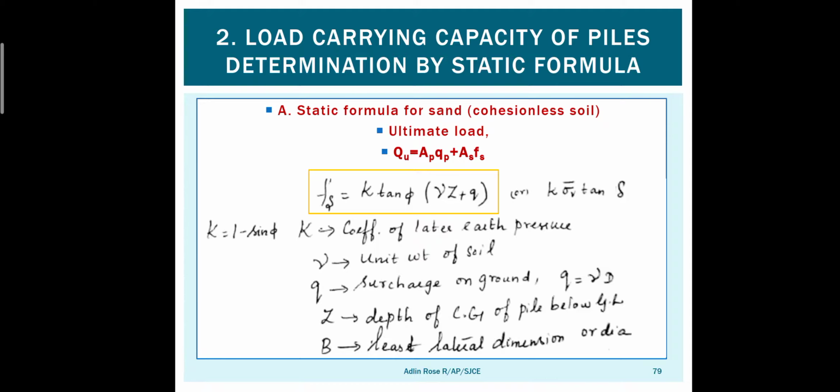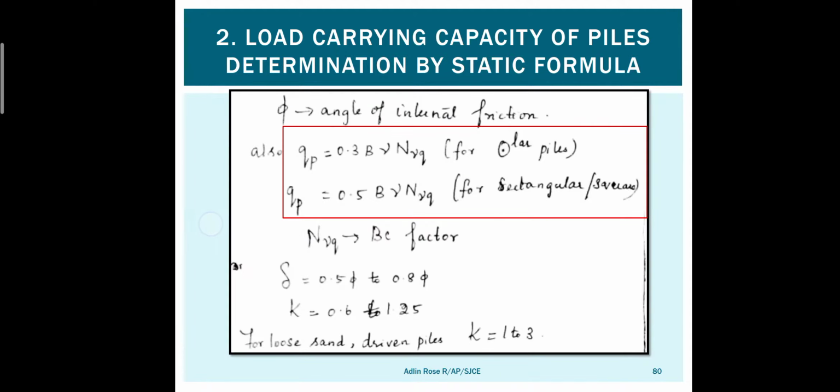Z is not the total depth of the pile; it is the depth from the ground level to the center of gravity of the pile. And small q is the surcharge, which is given by gamma d. So when you put this formula, you get the value of fs, As is the area, and similarly Ap also you will find.